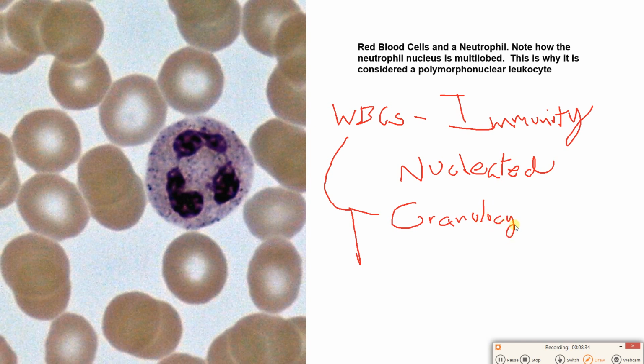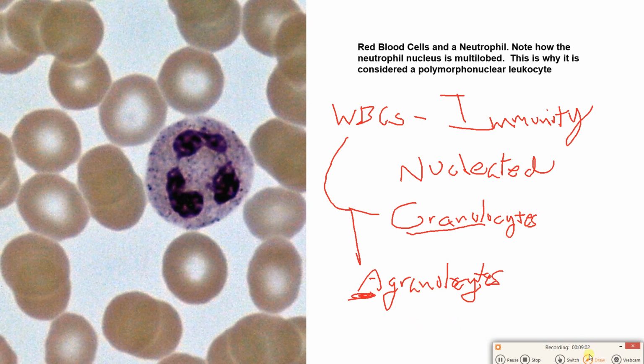And the granulocytes are cells that contain little bags in them, little chemical-filled bags called granules. There are also cells that lack those little granules, and those are called agranulocytes. So the A in front of the word here means without, so cells without granules.